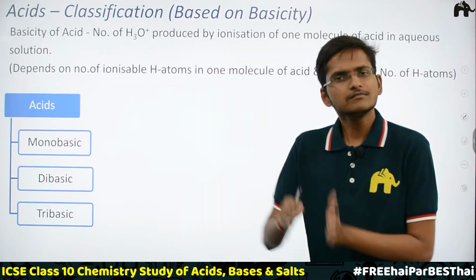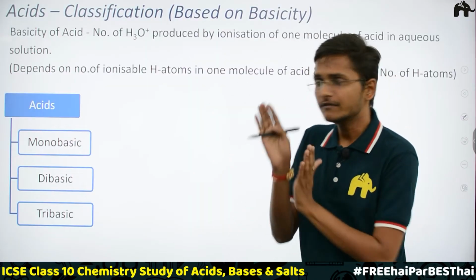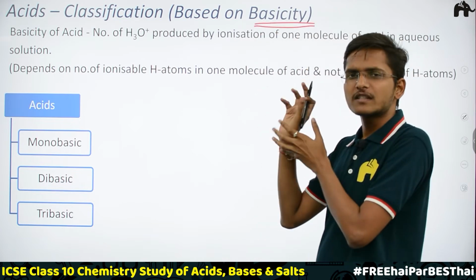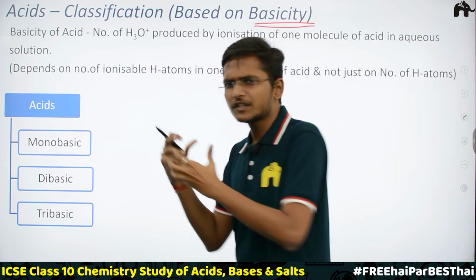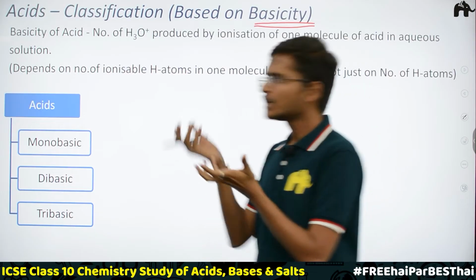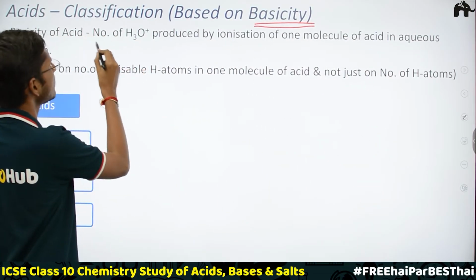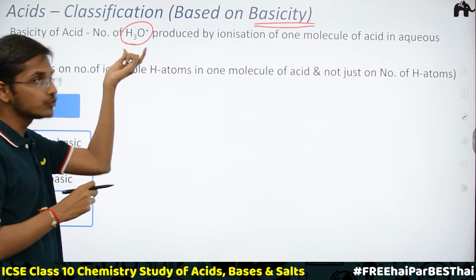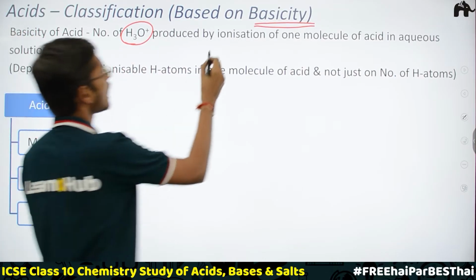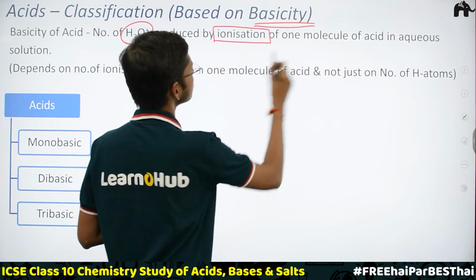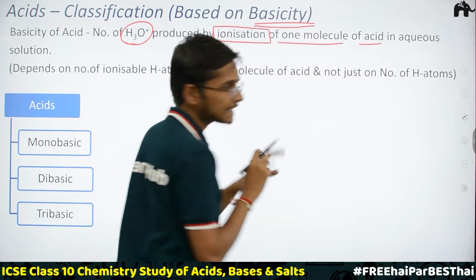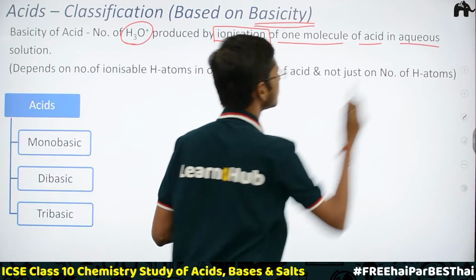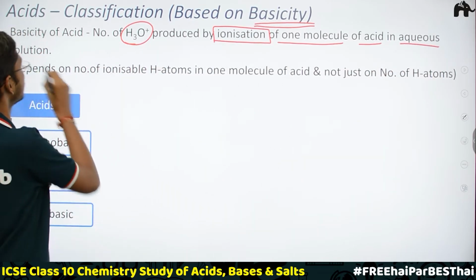Okay, now let's see the second classification of acids, which is based on basicity. Right, now what is this basicity? So basicity of any acid, it's very simple. It's just the number of H3O plus ions, which means the hydronium ions produced by the ionization of one molecule of that acid in aqueous solution, which means when we are putting that acid in the water.